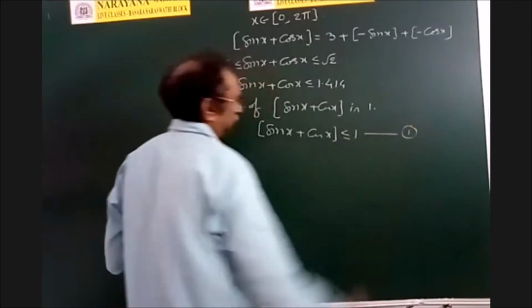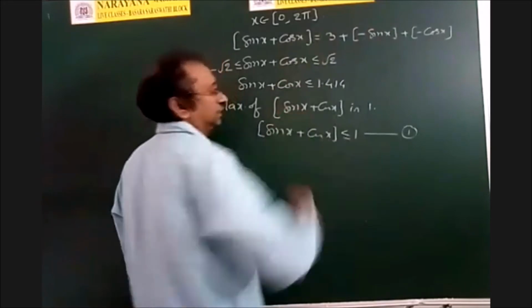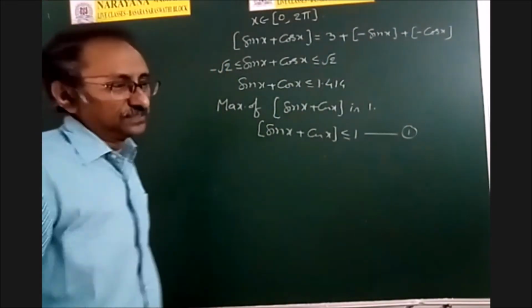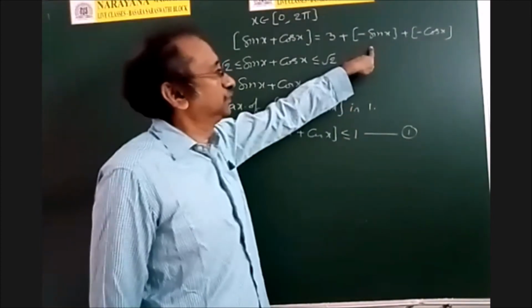That is the first inequality. And now, what is the least value of integral part of a sin x function? It is -1, because sin x always lies between -1 and +1. So its least value is -1.